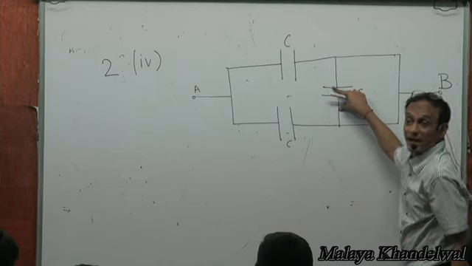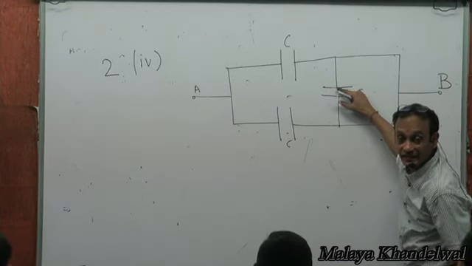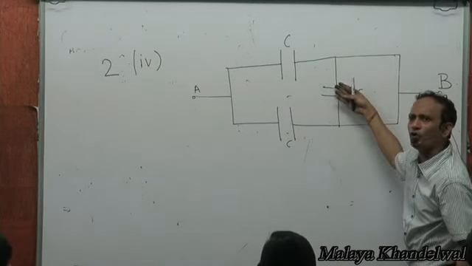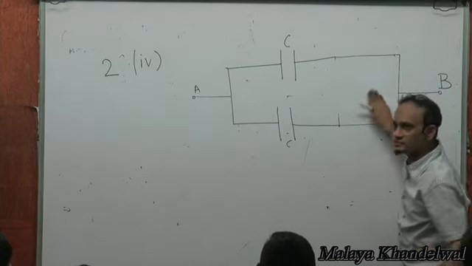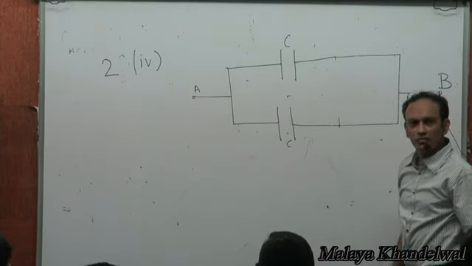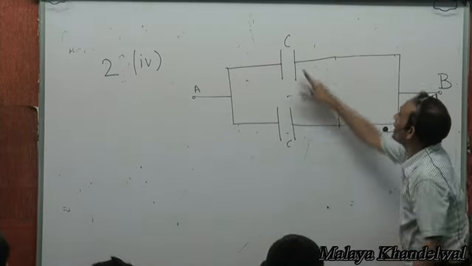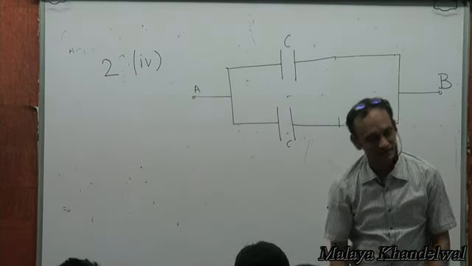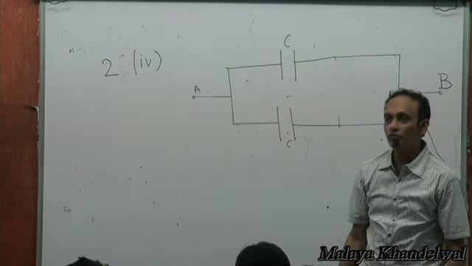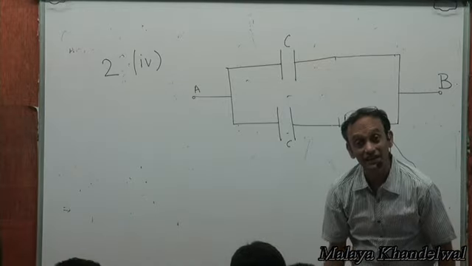That means this capacitor is a non-entity here. If it's a non-entity, why allow it to stay put? Remove it. Now you have C and C in parallel, that makes it 2C. Right? Equivalent capacitance between A and B is going to be 2C.